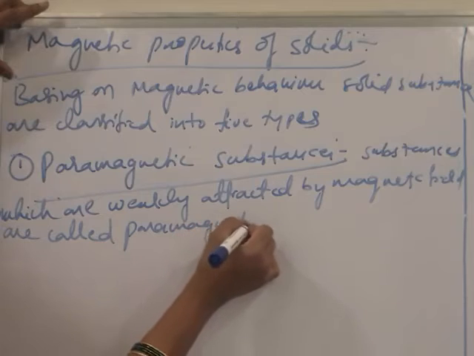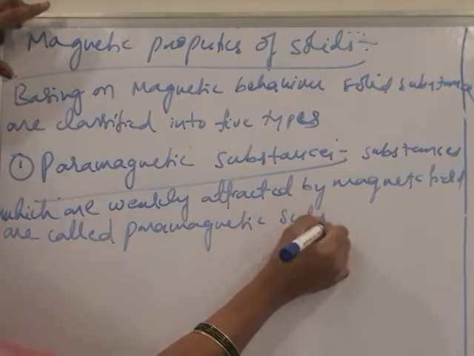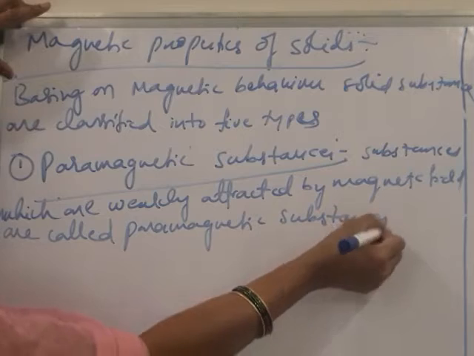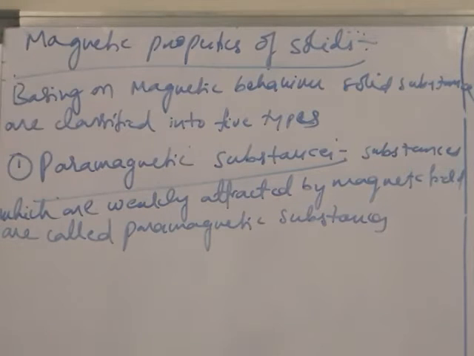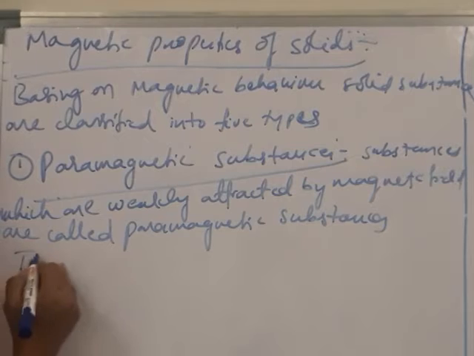And this paramagnetism is a temporary magnetic property.